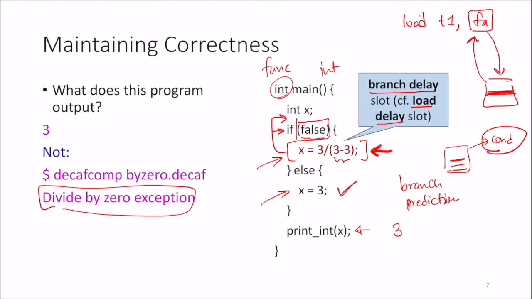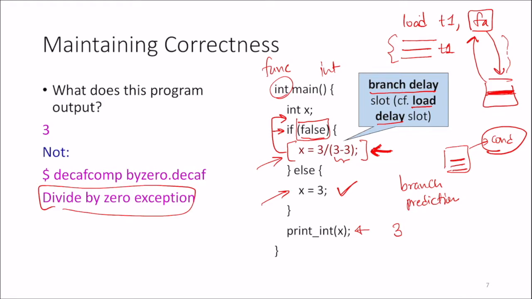This, as you can imagine, takes time, and so while it's doing this load, it can execute the subsequent instructions before the load is actually complete, as long as these instructions don't use T1. So if they don't use T1, then we can go ahead and execute them. The resulting program would still be correct, but we've taken advantage of this time delay that happens when you do a load. So this is often called a load delay slot.